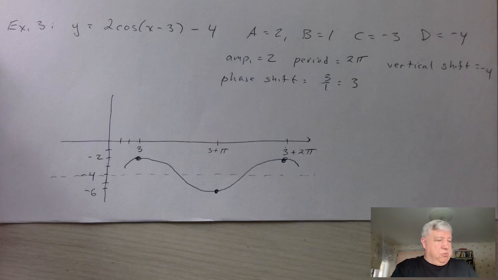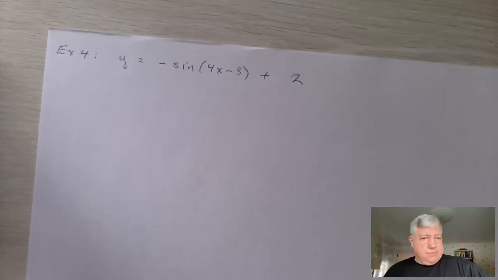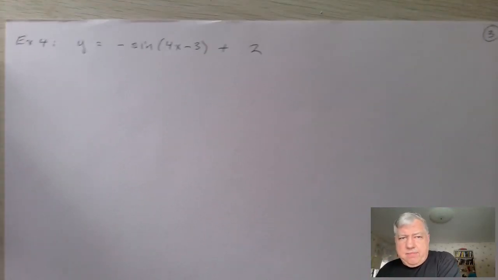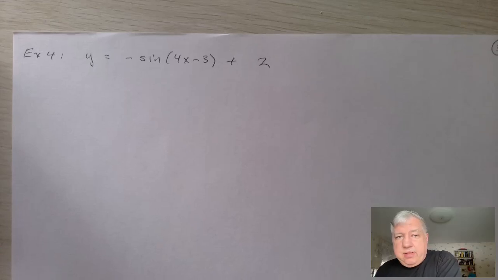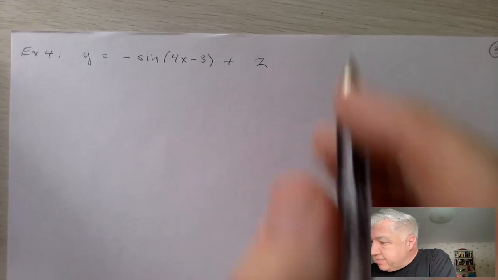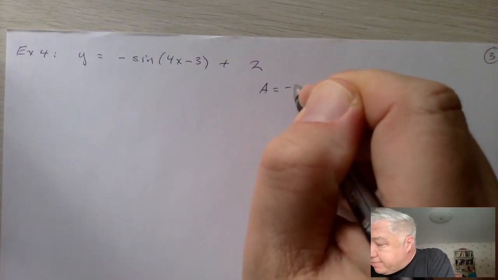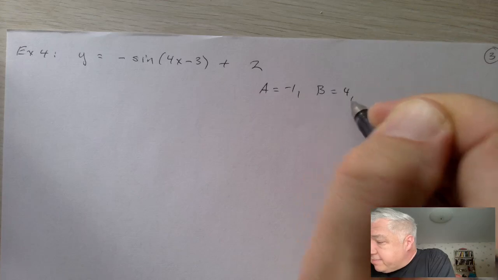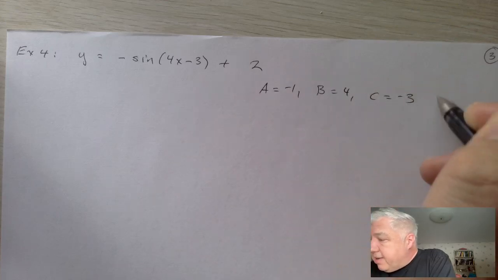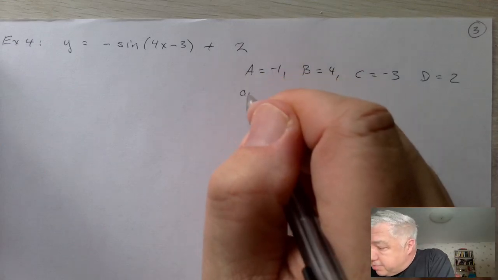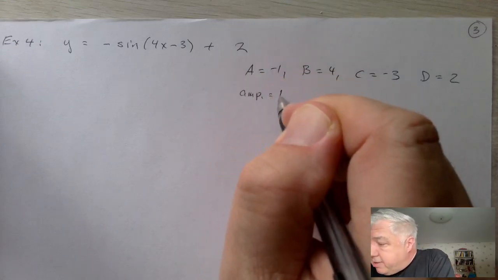Let's look at example 4, where we have negative sine of 4x minus 3, plus 2. In this case, A is -1 now, B is 4, C is -3, and D is 2. So the amplitude is 1.